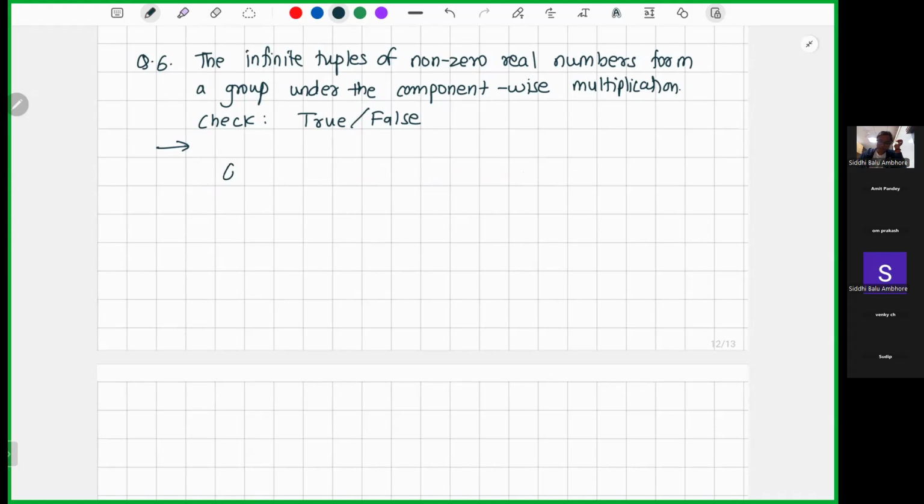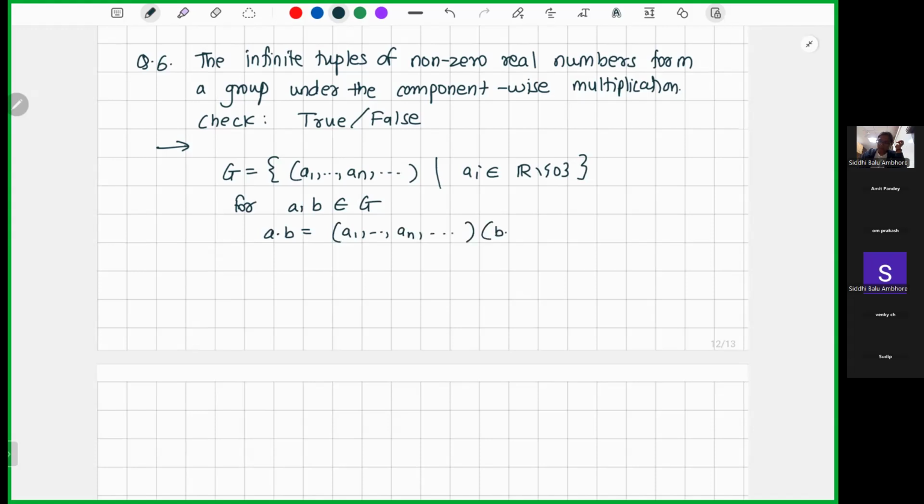Let G be the set of infinite tuples (a1, a2, ..., an, ...) such that ai belongs to R minus 0, and for a, b in G, a dot b is (a1 b1, a2 b2, ..., an bn, ...). That's what component-wise multiplication means, right?